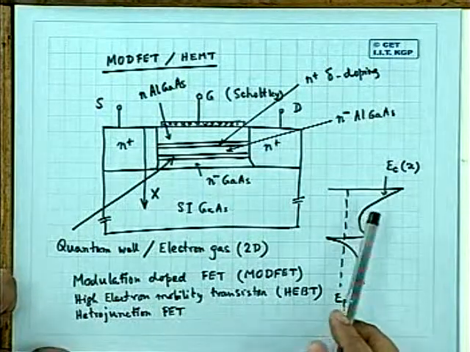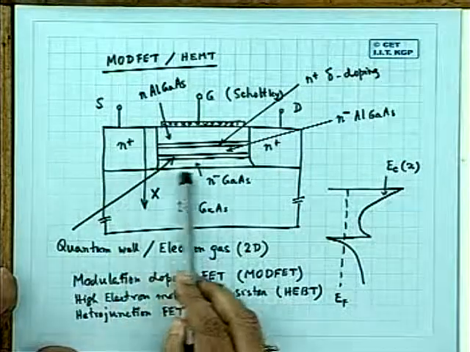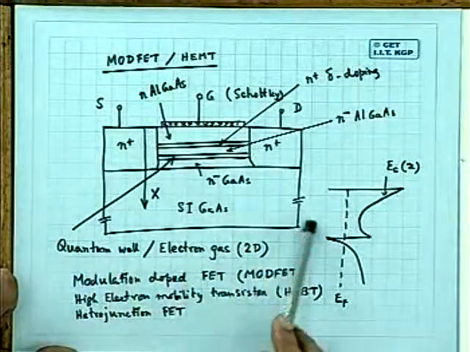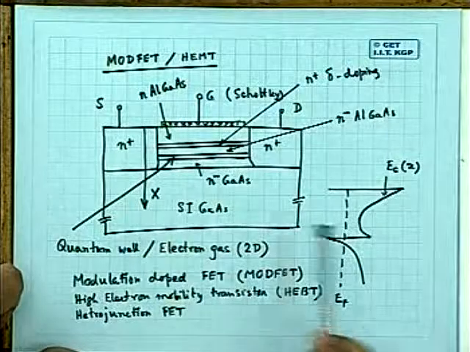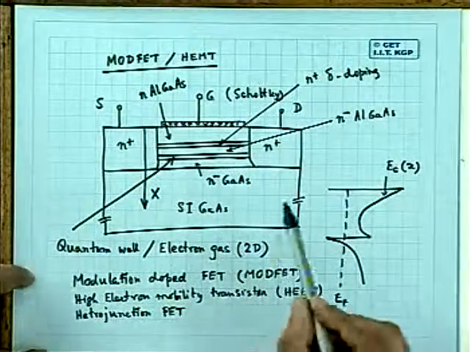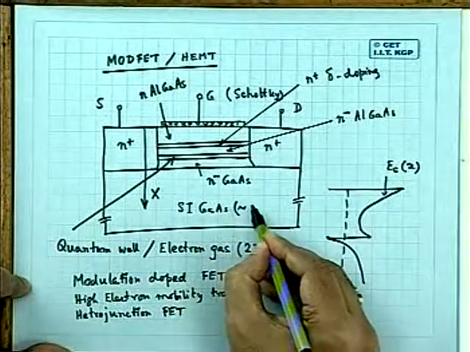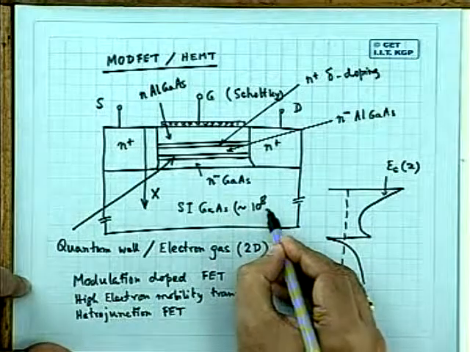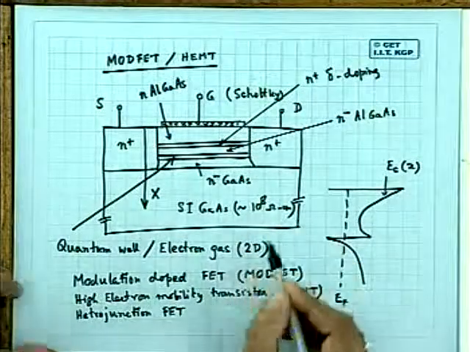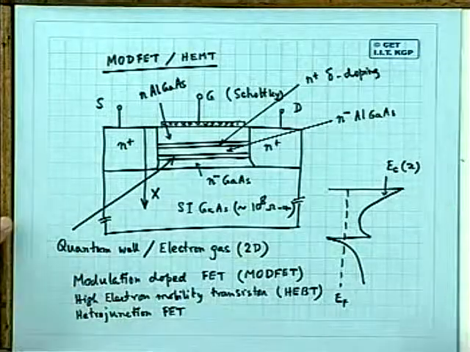Here what is done is, you see that this is a semi-insulating gallium arsenide. This is a substrate. The semi-insulating gallium arsenide has a very high resistivity of the order of 10 to the power 8 ohm centimeter. I told about it earlier.